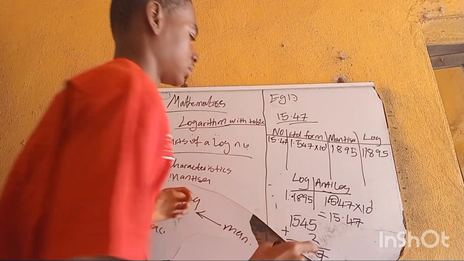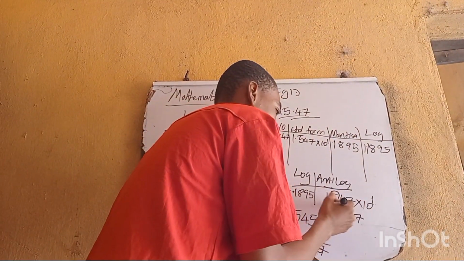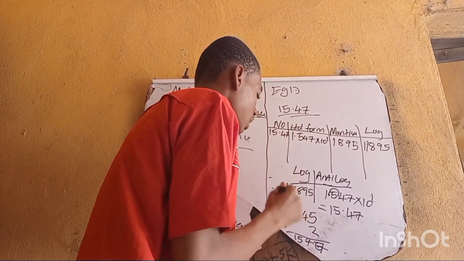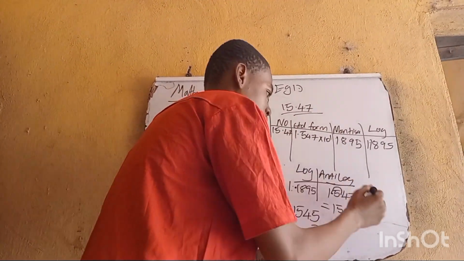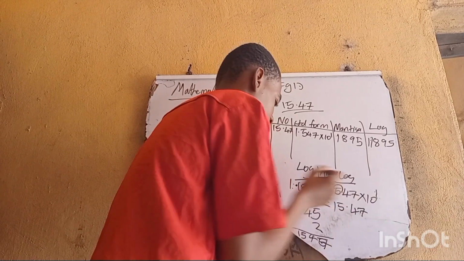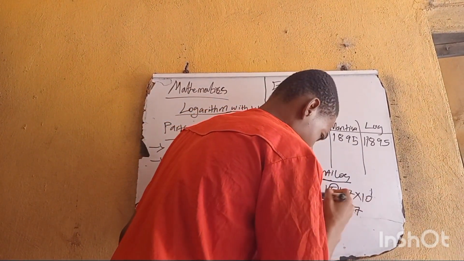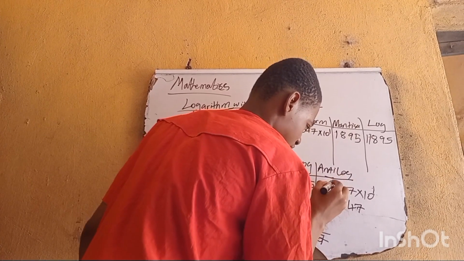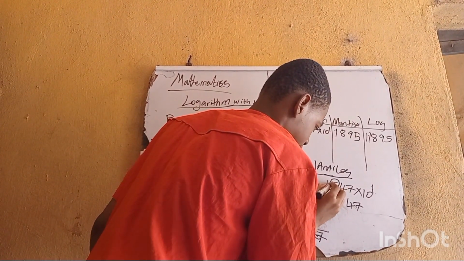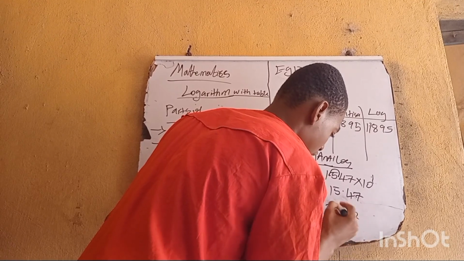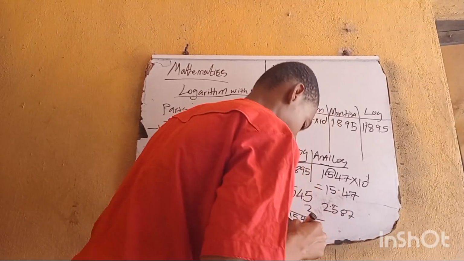What I said was we found the mantissa of the antilog of this number. Now, this characteristic, multiply by 10 raised to the power of 1. The mantissa of an antilog always has a decimal point. Assuming this is 2587, the decimal point will be here.